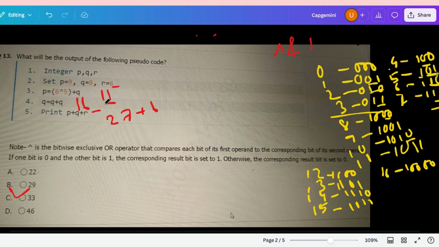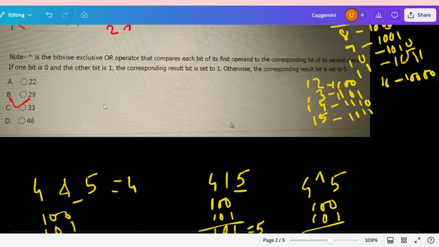And one suggestion to you guys: this is a very easy question with a very minimum number of lines, but still there will be some questions which have 10 to 12 lines. Don't be afraid, because that type of question will be very easy.